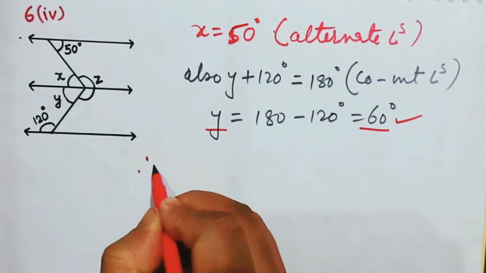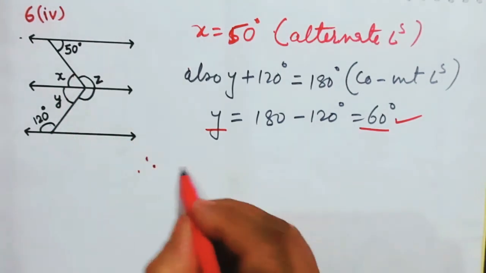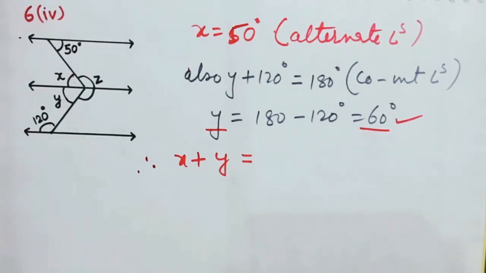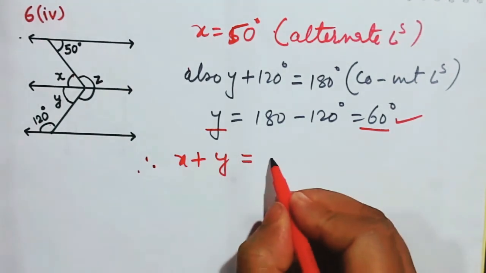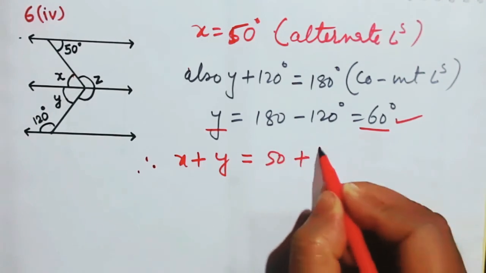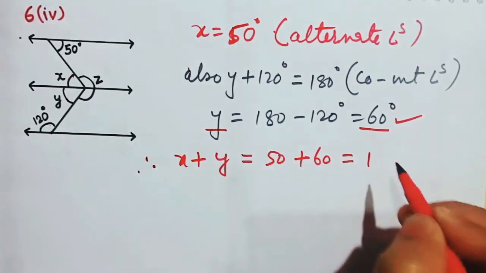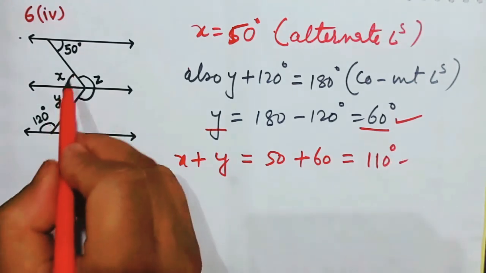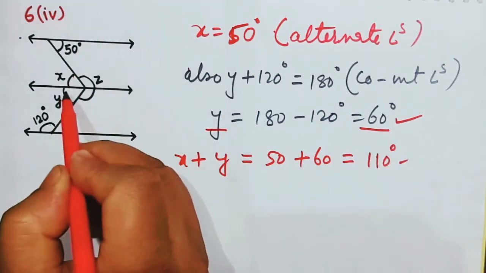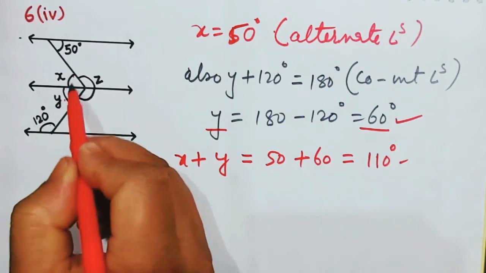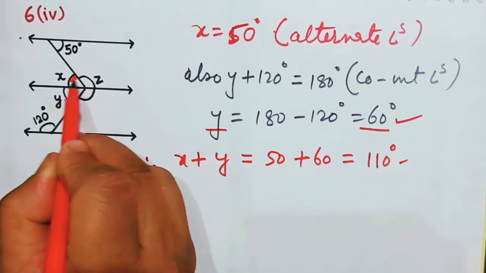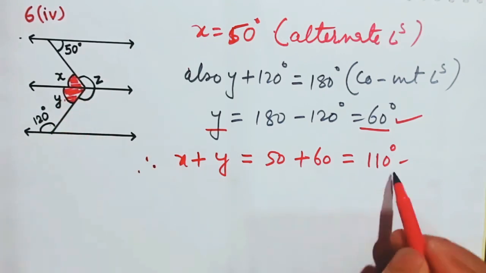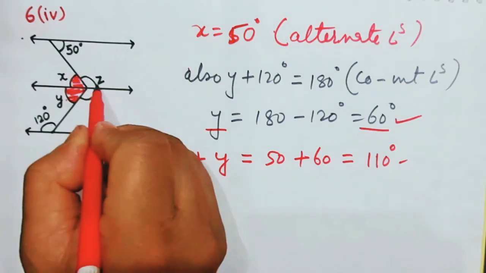Therefore, my dear, x plus y will be equal to how much? 50 plus 60 is equal to 110 degrees. Now, if the value of both angles together is 110, what will be the value of z?